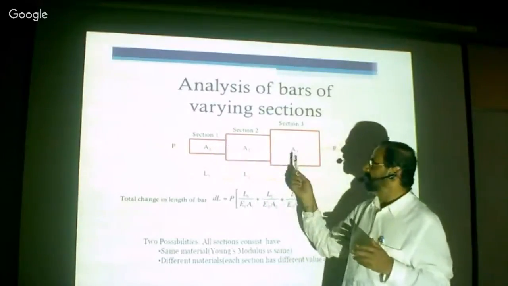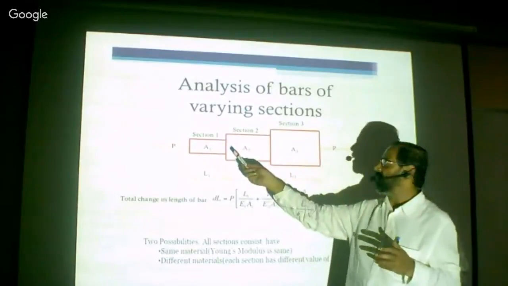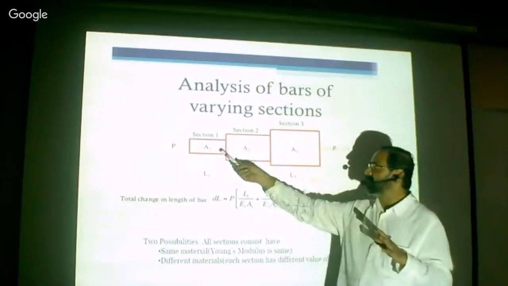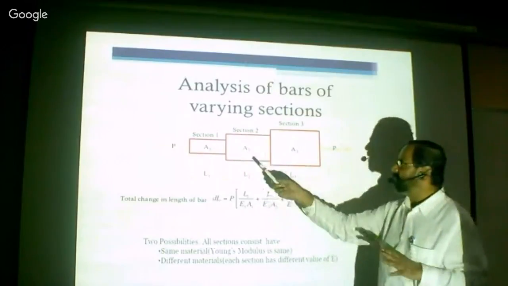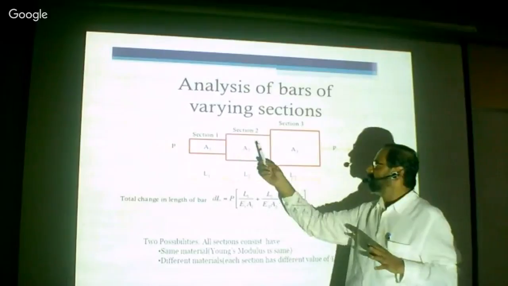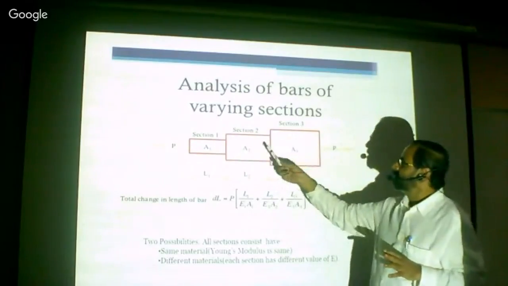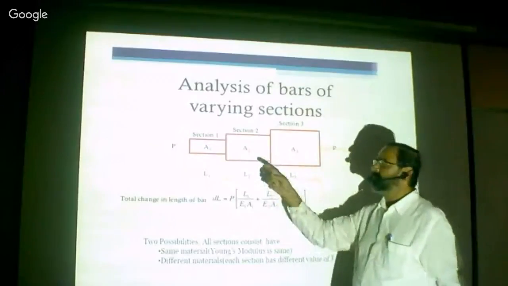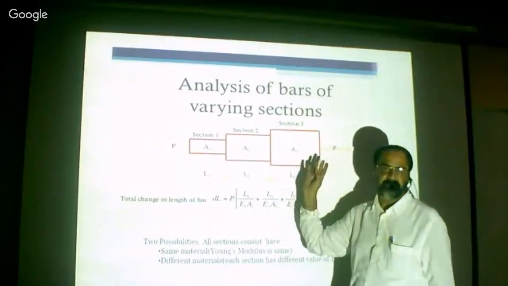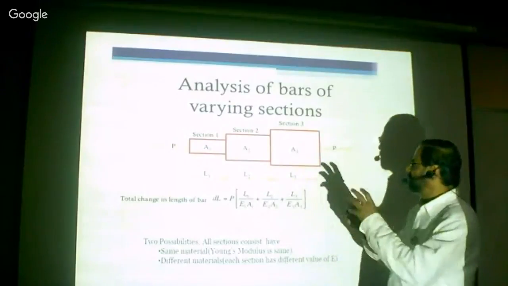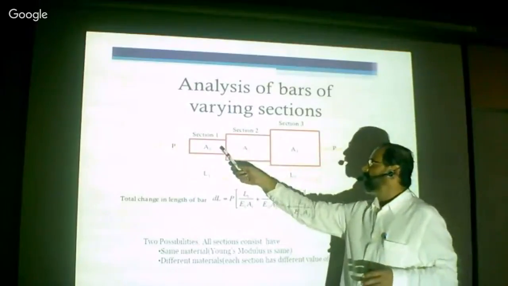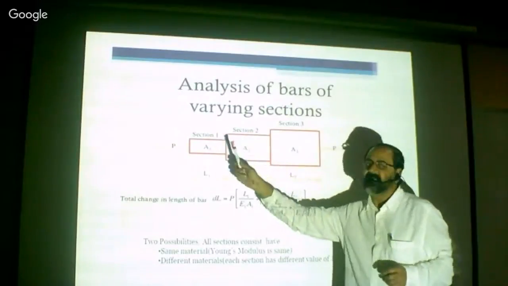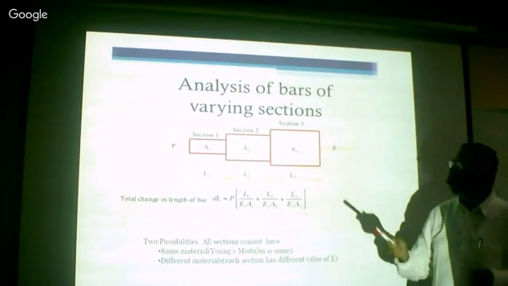All three parts may be made of the same material, sometimes of different materials. When it is made of the same material, the Young's modulus of the material remains the same for all the 3 sections.